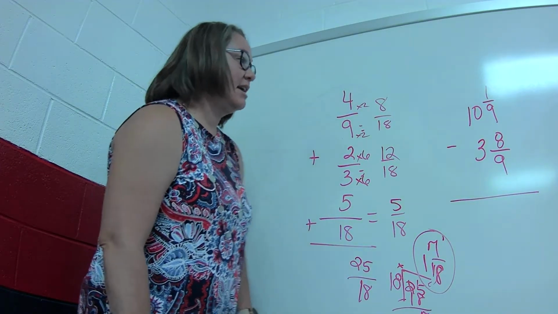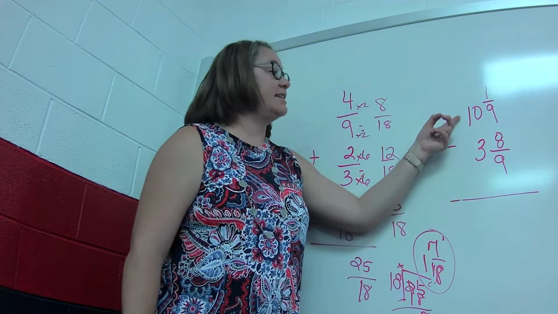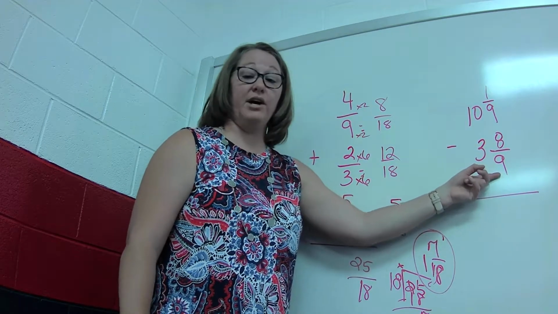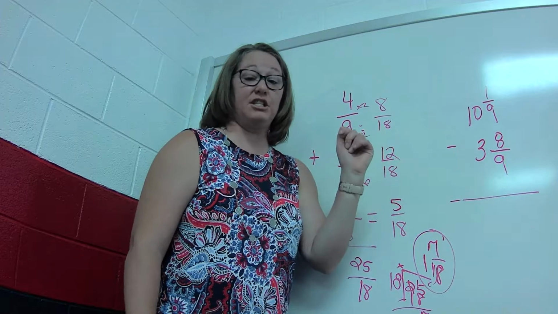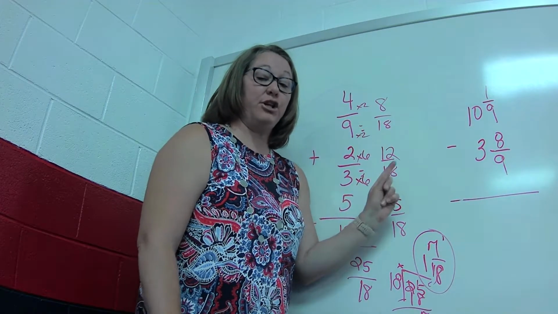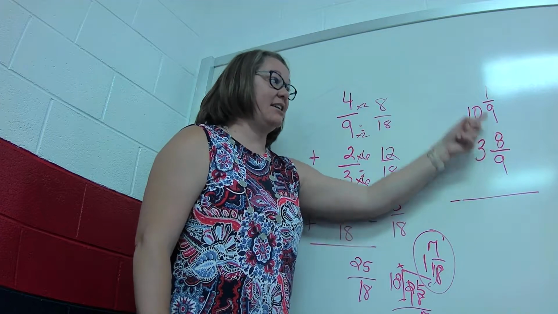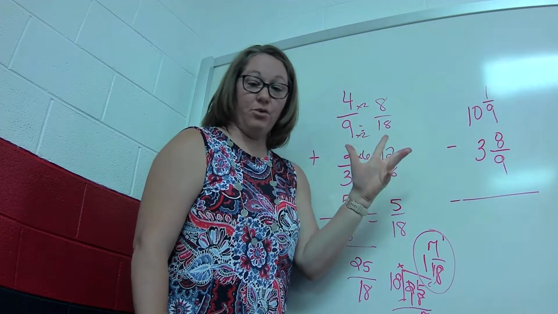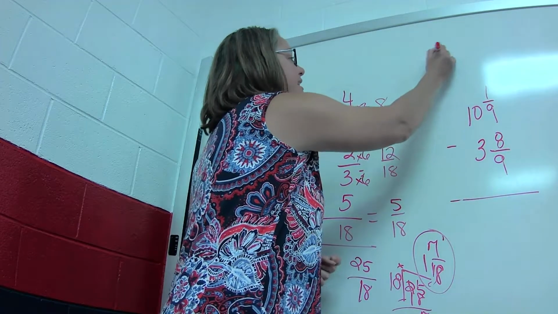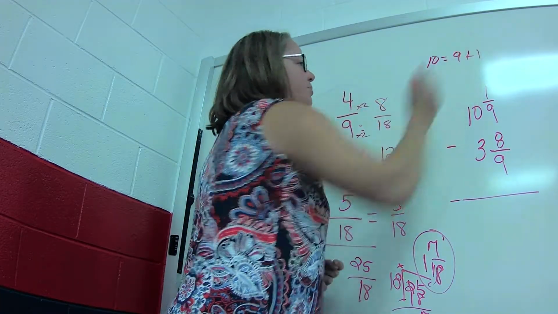It's okay. So, all right, here we also had 10 and 1/9, subtracting 3 and 8/9. Well, we can subtract the fractions because we have the common denominator. However, if we look closely, we can't take 8 from 1. So we're going to use our borrowing skills, making something equivalent to 10, which would be 9 plus 1.